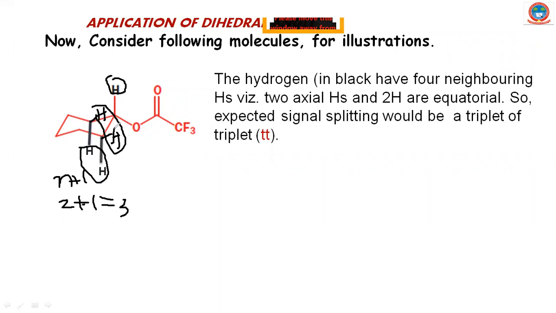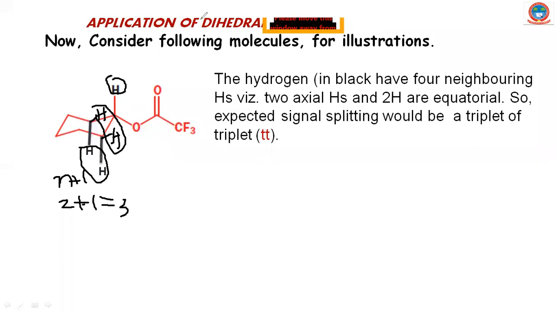But the question is, which will it split with first, axial or equatorial? Faiza is not there today. What do you think? This proton first couples with whom? Axial or equatorial? Yes, axial, sir.